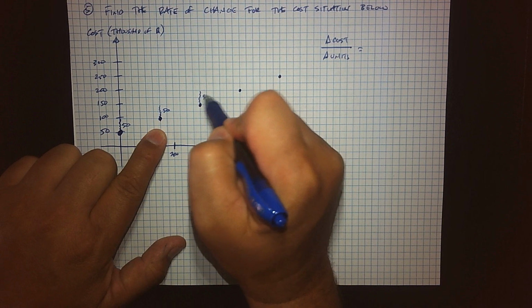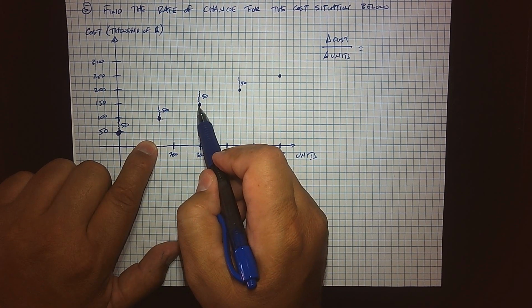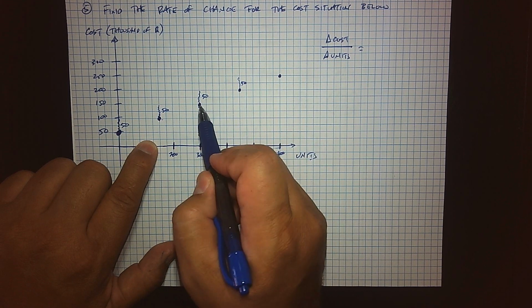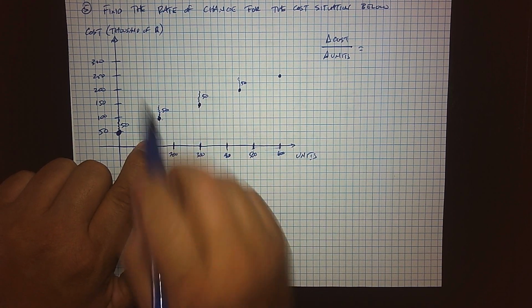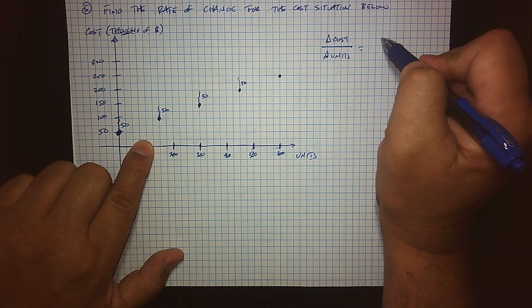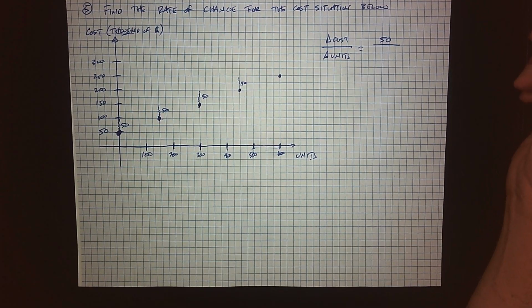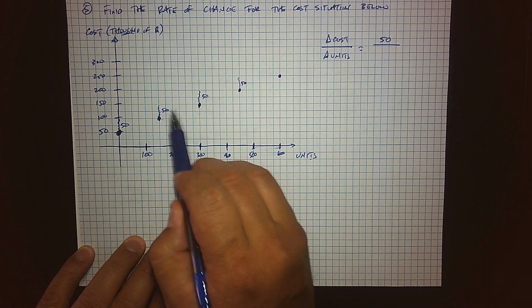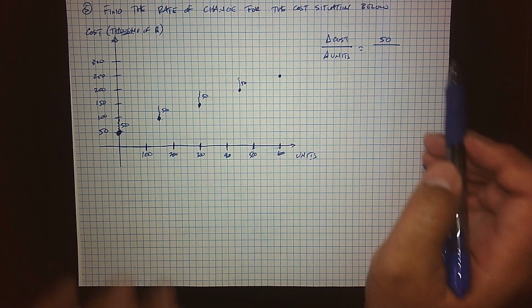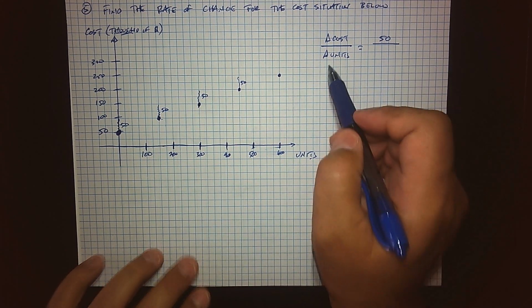So as we move from point to point, there's been a shift upwards; the cost is changing by 50. Technically it's 50,000, but I'll just use the number 50 right now, and we'll talk about that when we get to the units. So as we move from point to point, the change in cost is $50,000. Now, what about the units?